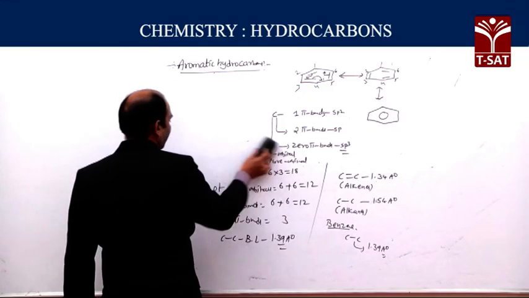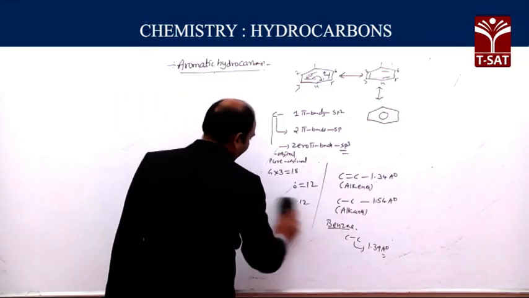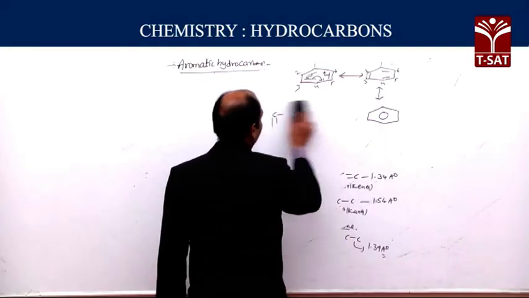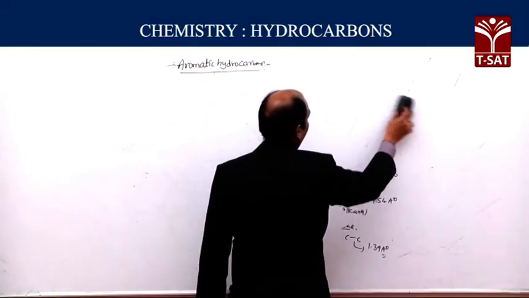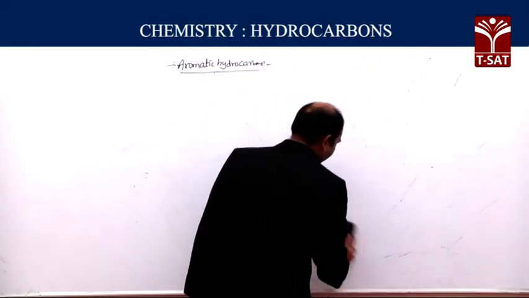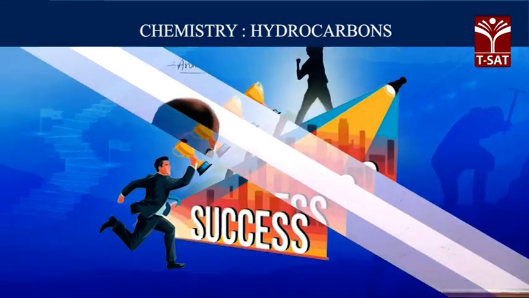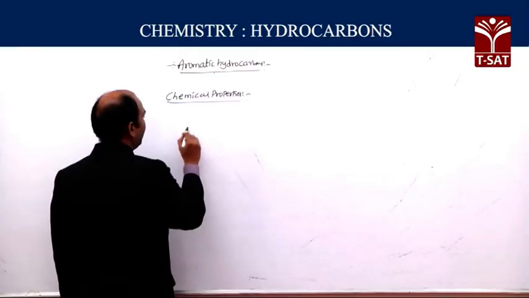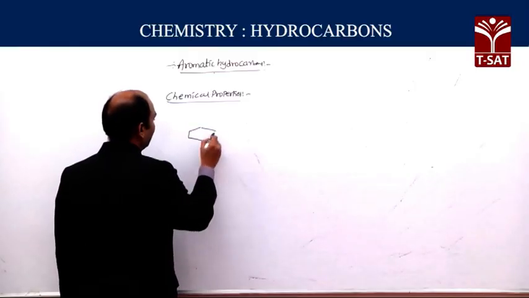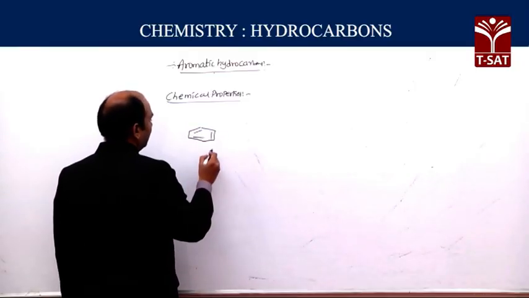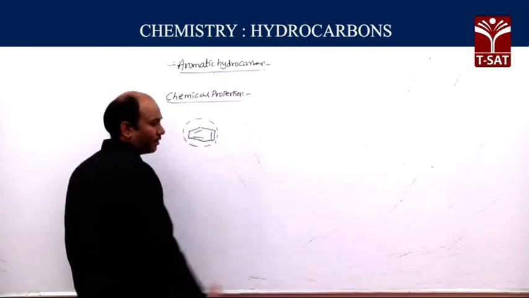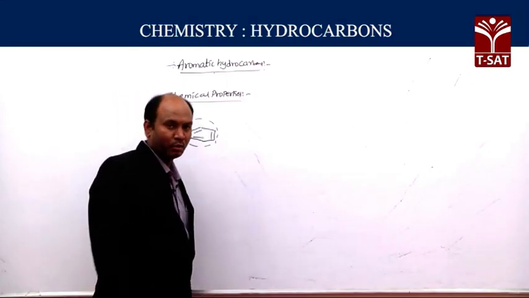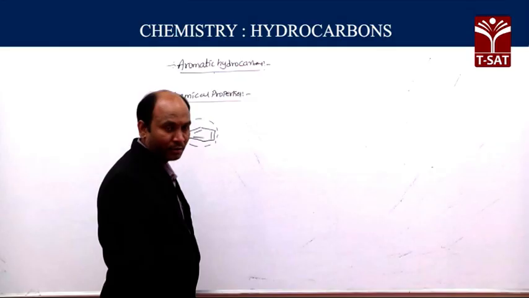Now we are going to discuss chemical properties: which type of reactions benzene undergoes, which are possible and which are not. First, the chemical properties of benzene. Benzene has pi electron density above the ring and below the ring, above the plane and below the plane.